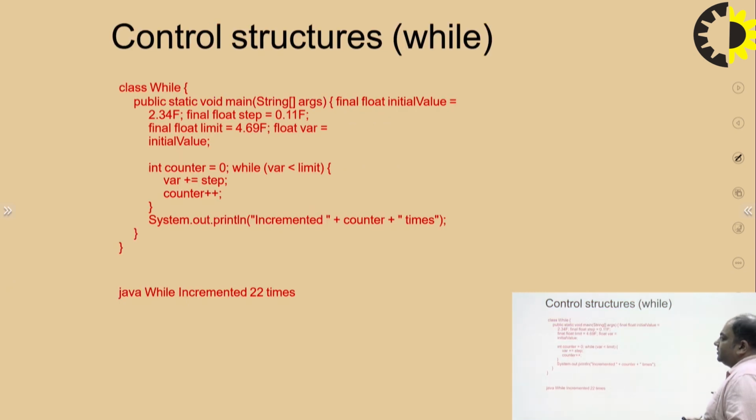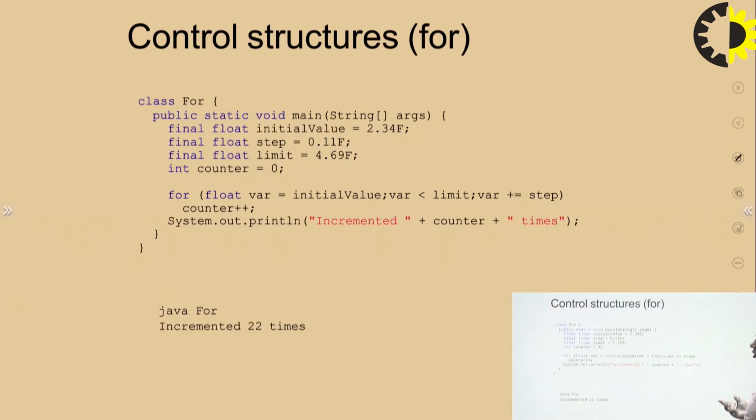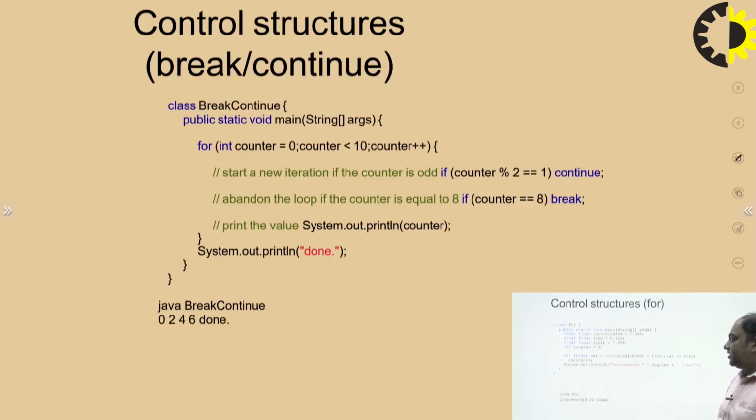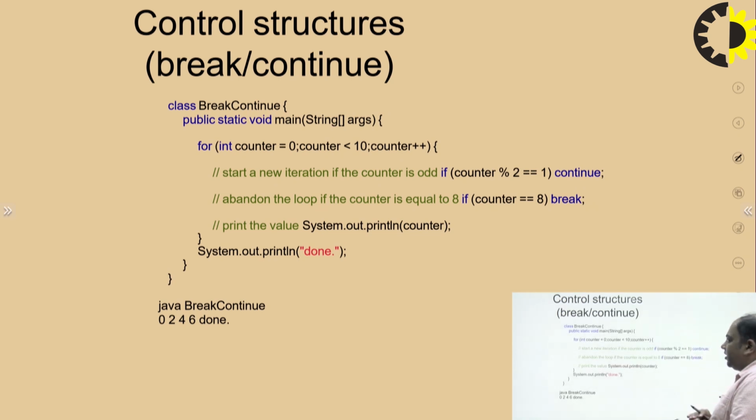Another example is while. While, then we have a condition, then its execution. For has the same syntax: first initialization, then the condition, then increment. So for has the same syntax as we have in C and C++. Next is break and continue.